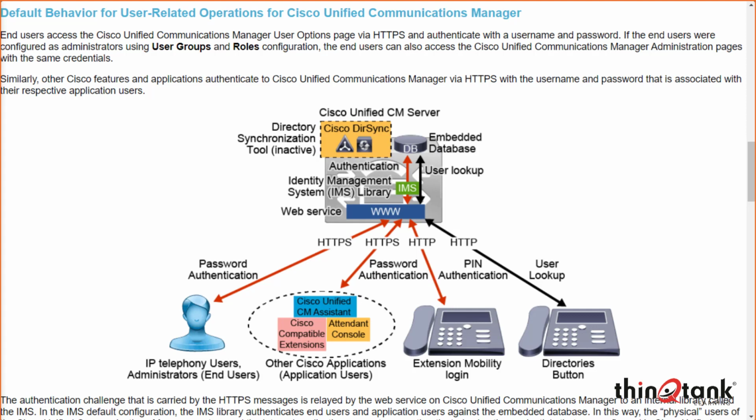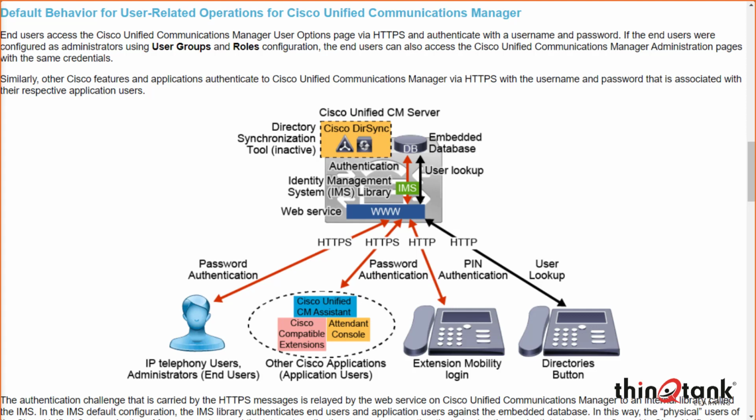That's going to be relayed by the web service on the Call Manager server to an internal library called the IMS. The IMS is what allows us to authenticate the end users and application users against the database that's in Call Manager. Now, how we populate that database in Call Manager really depends on what our objective is. Are we populating that locally, or are we populating that database with integration to LDAP?